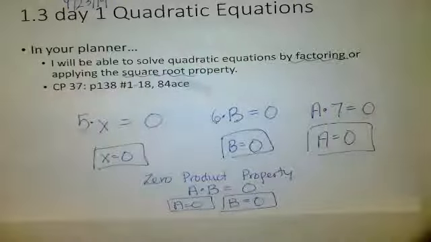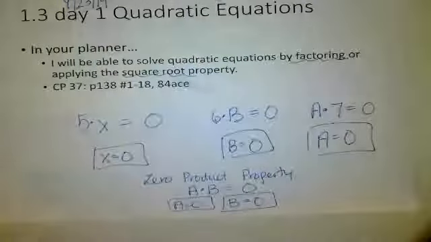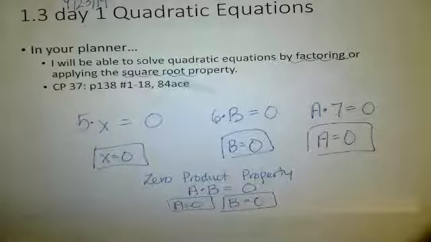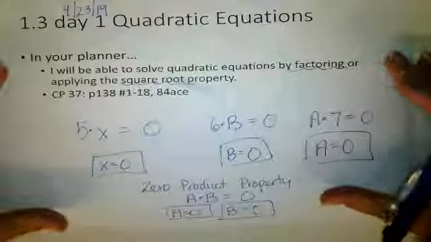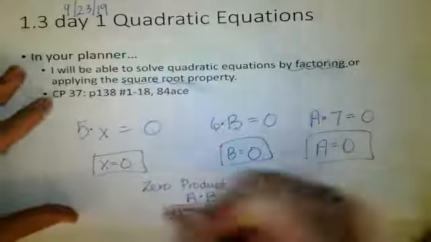If we have a product, we can set each part equal to 0, and we can use that to help us solve. We're going to use the zero product property for quadratic functions and for higher order polynomial equations as well, if it's set equal to 0, and that is the key.